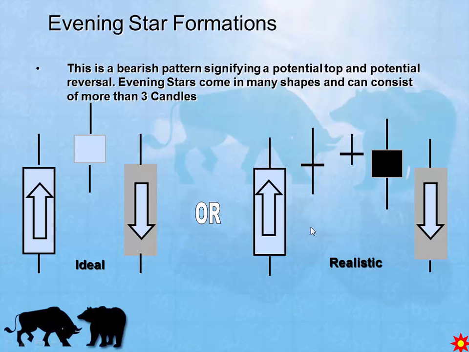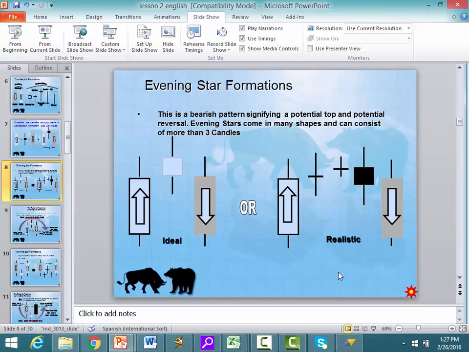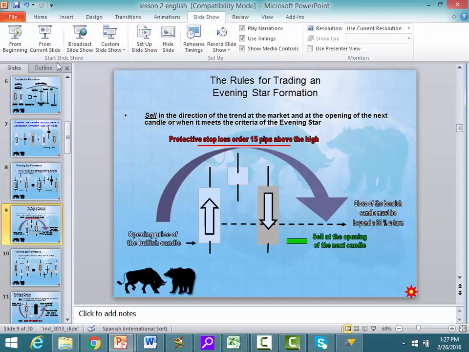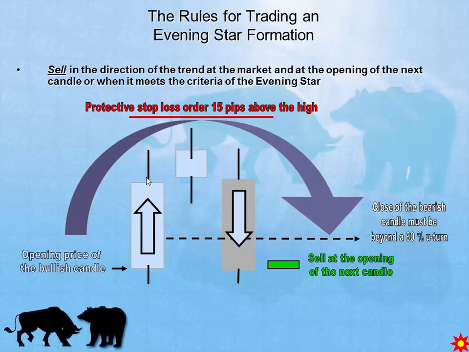This is ideal; realistically you're usually going to have several indecision candles and then the market going down. You want to make sure the candle that goes down covers more than half of the previous candle to make it a strong selling pattern. You want to get in at the opening of the next candle.